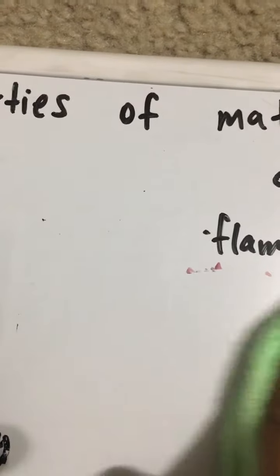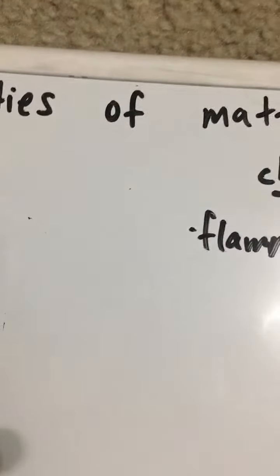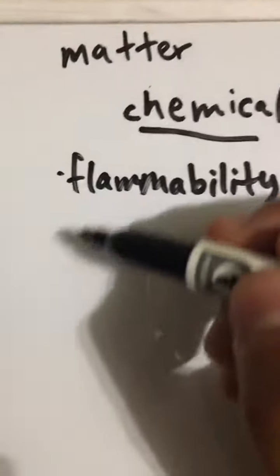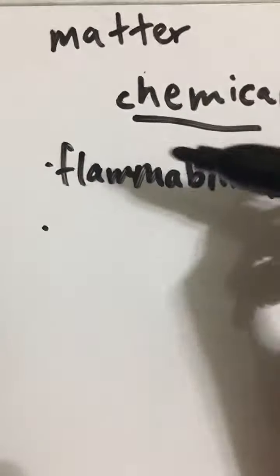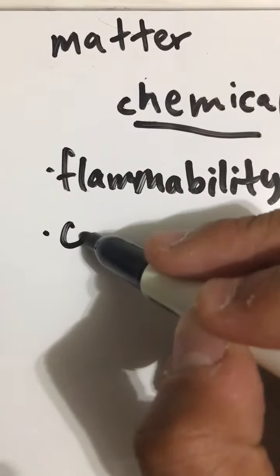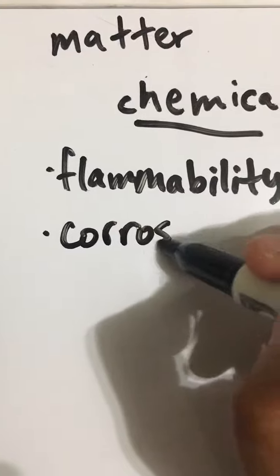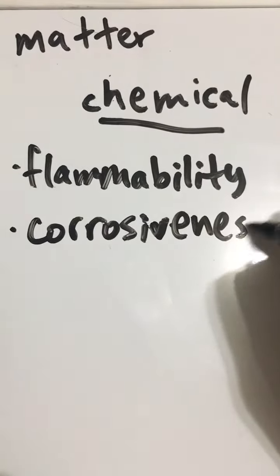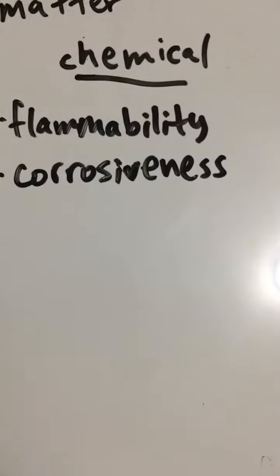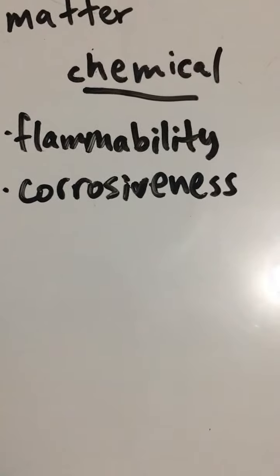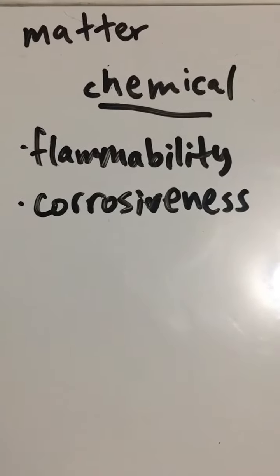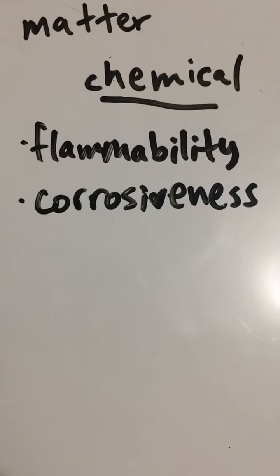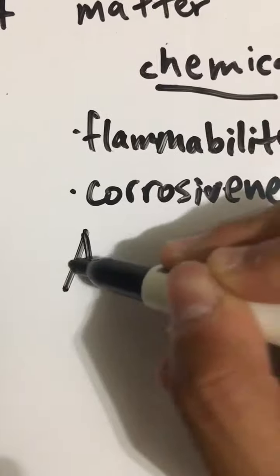Another chemical property that is kind of common, though you may not have seen it every day, is corrosiveness. For something to be corrosive, it means that it will eat away another substance. An example is acid.